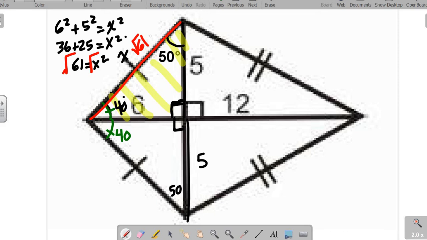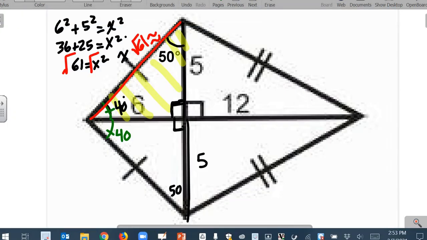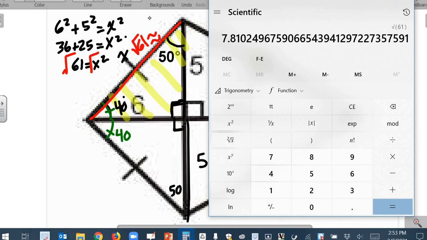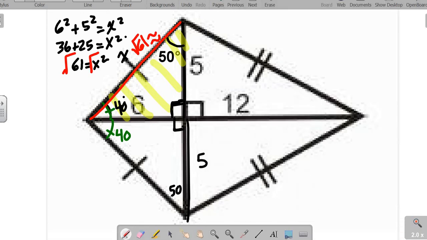Now that's prime, so we're going to take it down to a decimal, to the first decimal place, which is 7.8. Now, because consecutive sides are congruent, this over here must also be root 61 or 7.8.